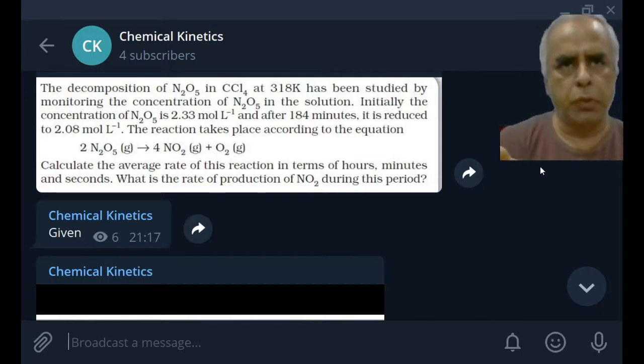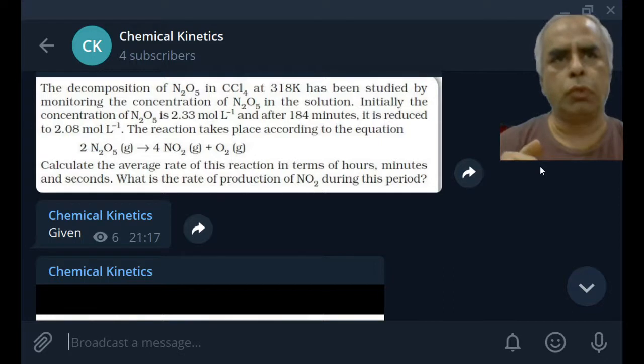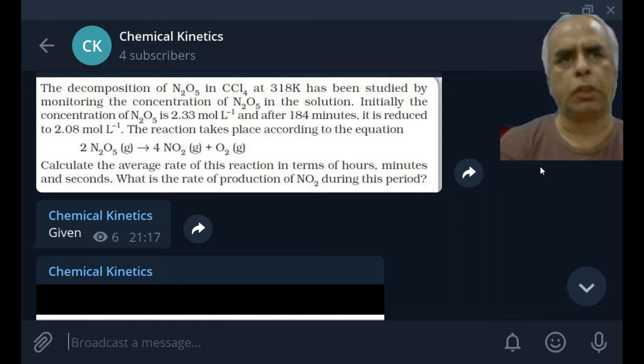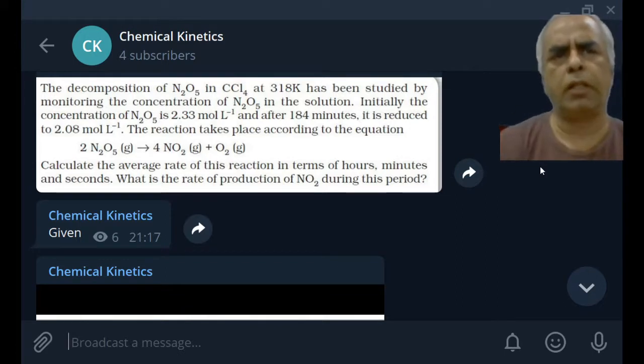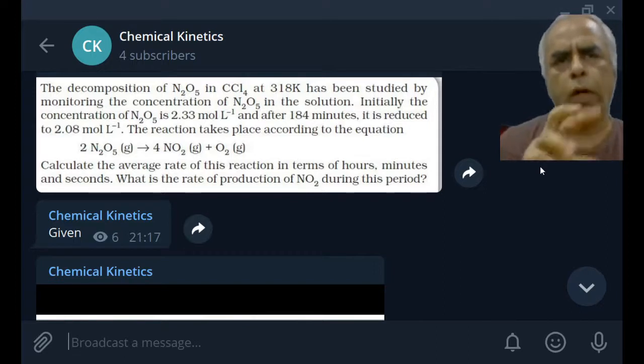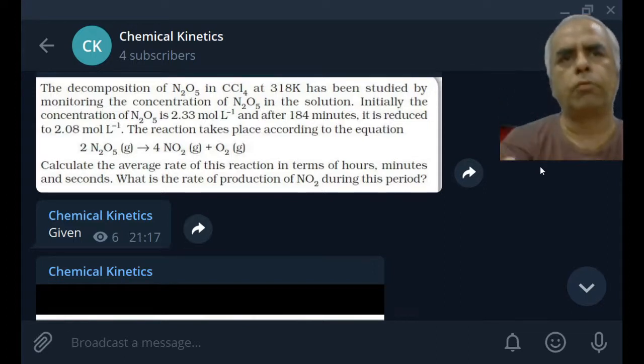During this period of 184 minutes, the concentration goes from 2.33 mole to 2.08 mole per liter. So there is a drop in the concentration. That's what we have studied in the rate of the reaction, that is kinetics, is it not? There is a drop, and what happens to this drop? That would have been converted into the product, is it not?